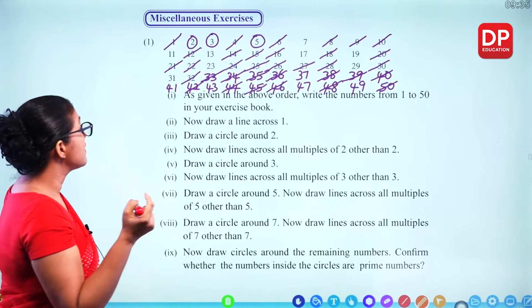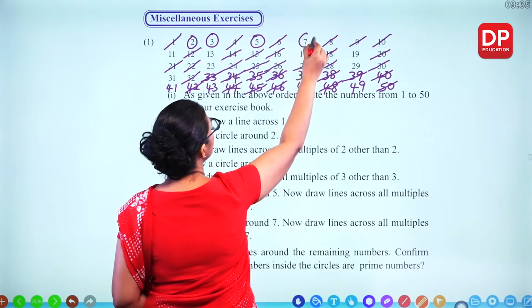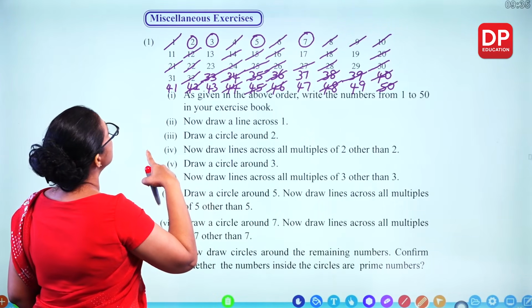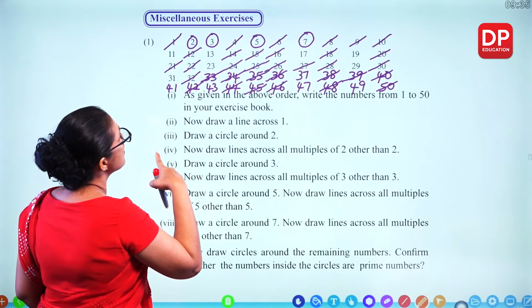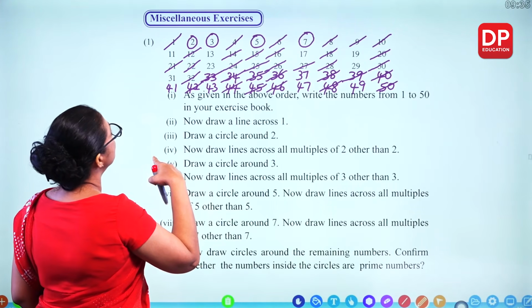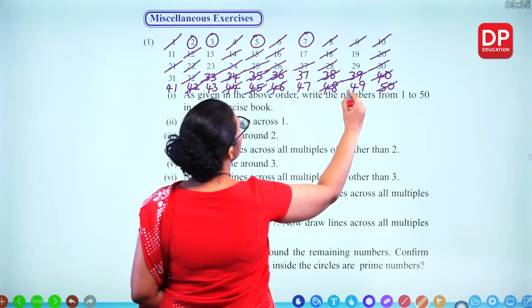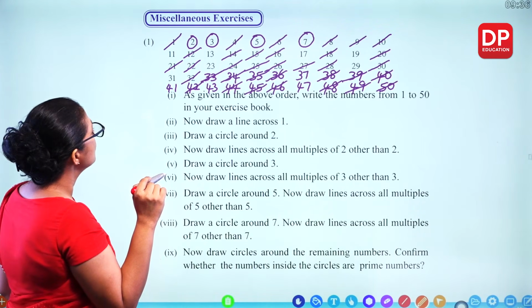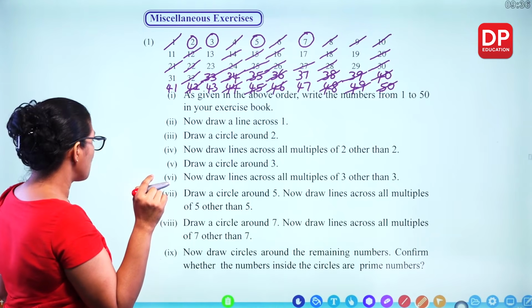Then again draw a circle around 7 and cross out all multiples of 7. You can cross it out. We get 49, which is 7 times 7. So those are multiples of 7.